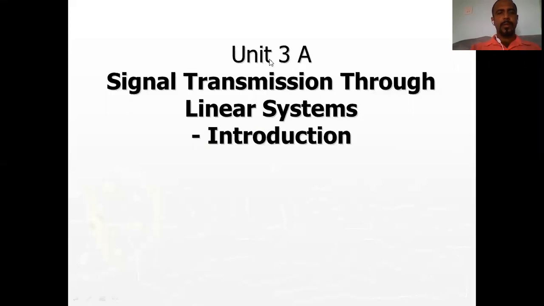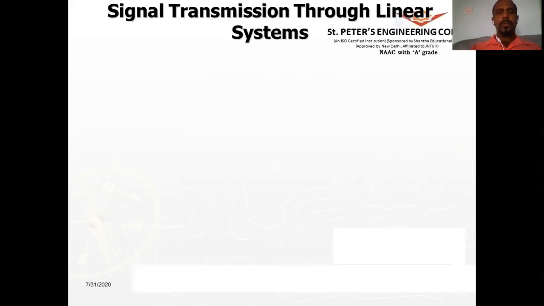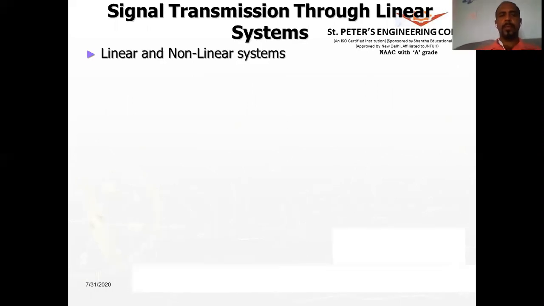This is Unit 3, Signal Transmission through Linear Systems. So let us understand first what are linear systems. We will look into what are linear and non-linear systems. So these are the system properties.